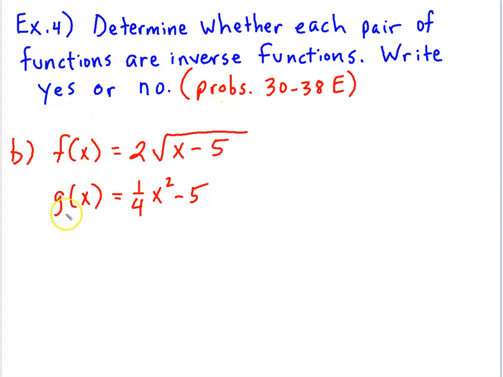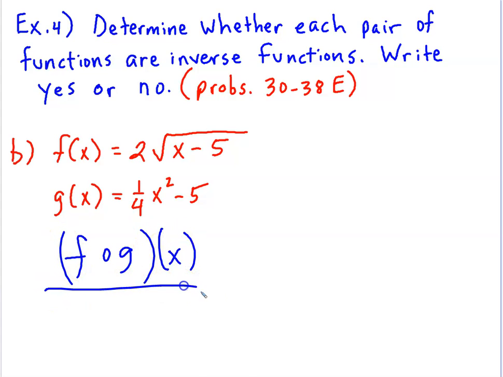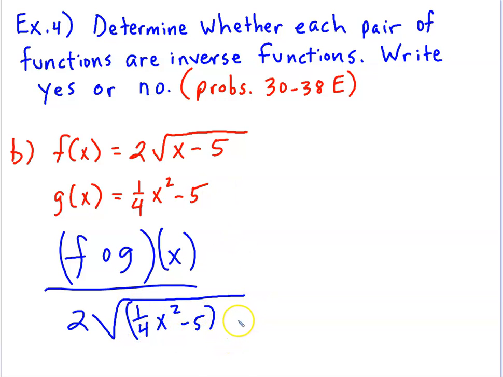Are these two functions inverses of each other? Well, let's see. Let's start with the f of g composite. G is going to be an input into the f. So in place of x, I'm going to put this g function. And then I'm going to go through the process of simplifying, but let's use a little common sense here.